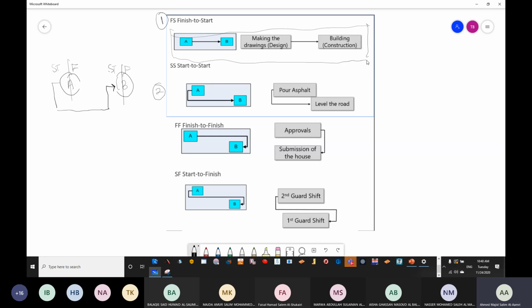So in this scenario, rather than saying I need to finish the drawings in order to start the construction, I will say I need to start the drawing in order to start the construction. Is it clear? Because in design build, I don't need to finish the whole drawings. Are we clear?